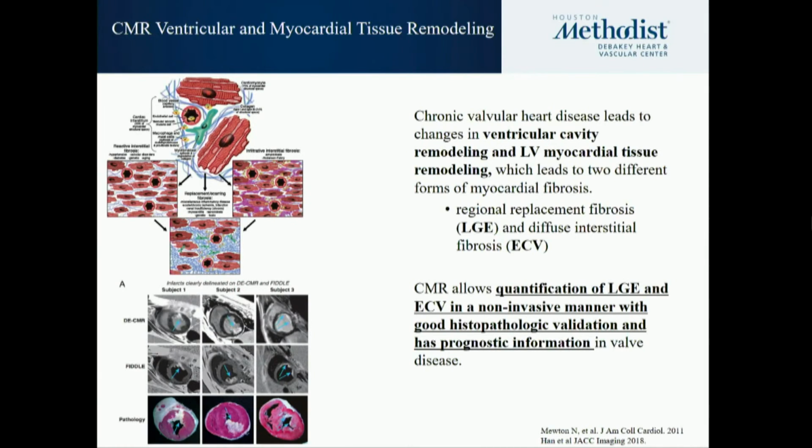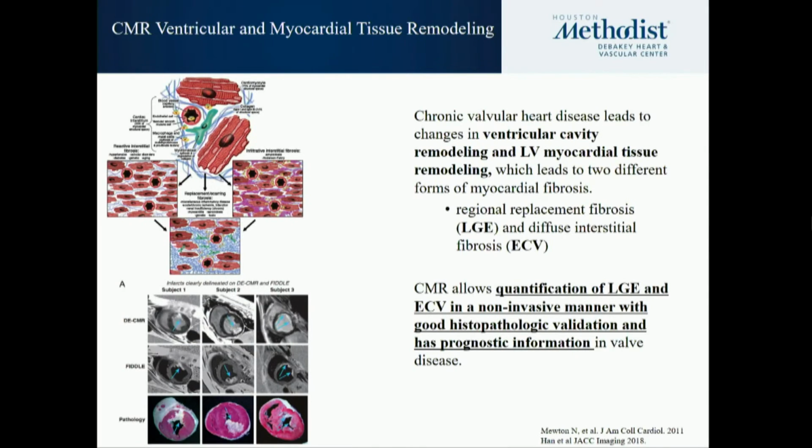And as we know, the myocardial space is a complex dynamic process composed of myocytes, cardiomyocytes, fibroblasts, as well as the cardiac interstitium, which is made up of collagen matrix, as well as the capillary network, which makes up typically in normal patients about 25% of the myocardial structural interstitium. And in the bottom figure, you can see that there's good histopathological correlation.